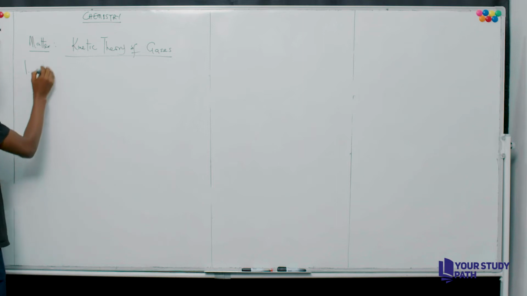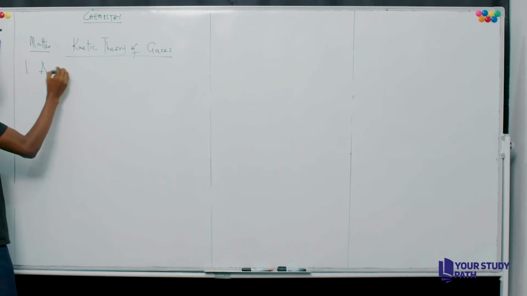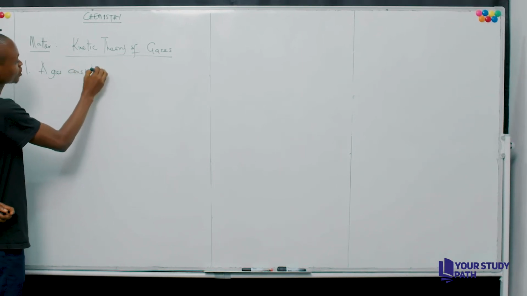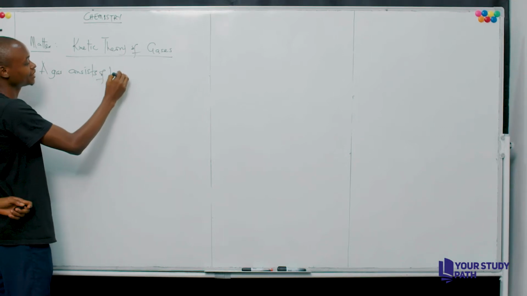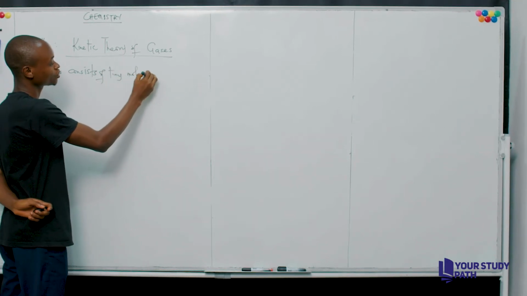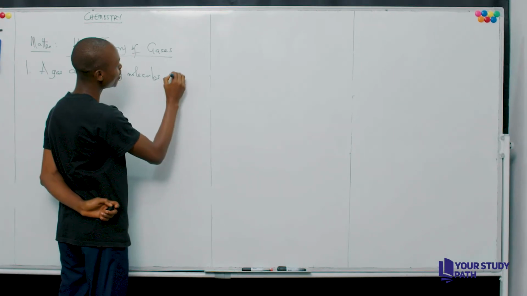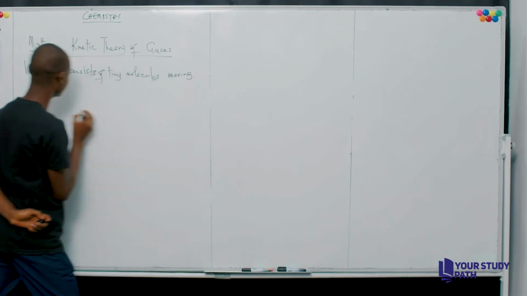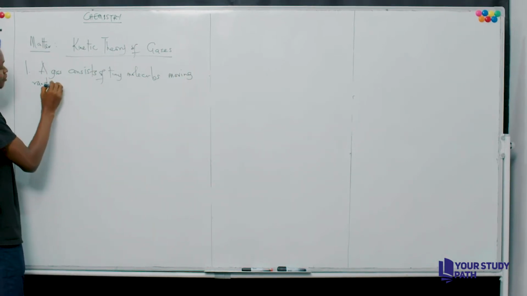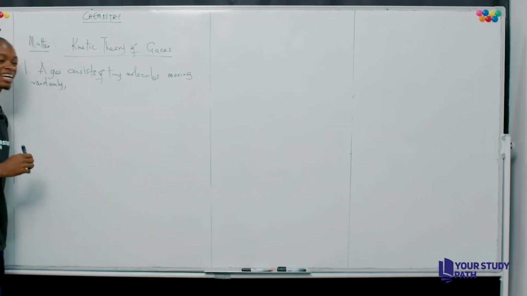The very first thing is that a gas consists of tiny molecules. But that's not all. Even though it consists of tiny molecules, these molecules are moving randomly. They are moving randomly, but that's still not all.